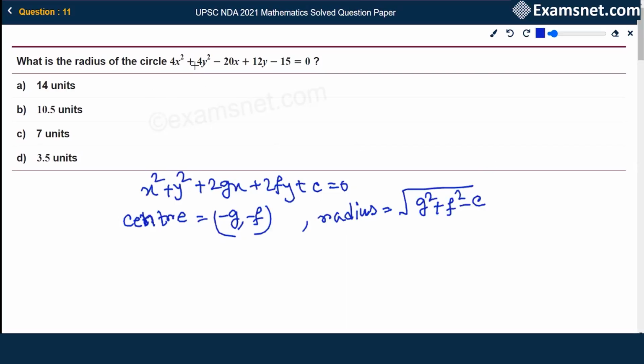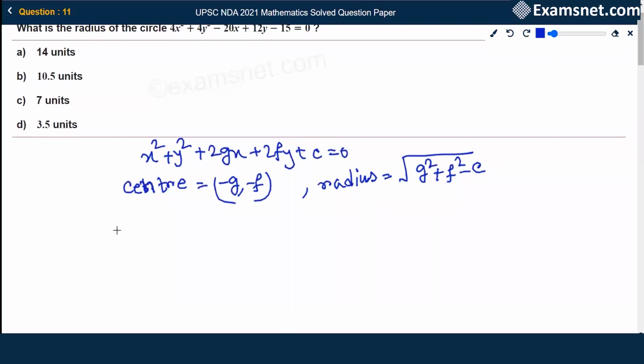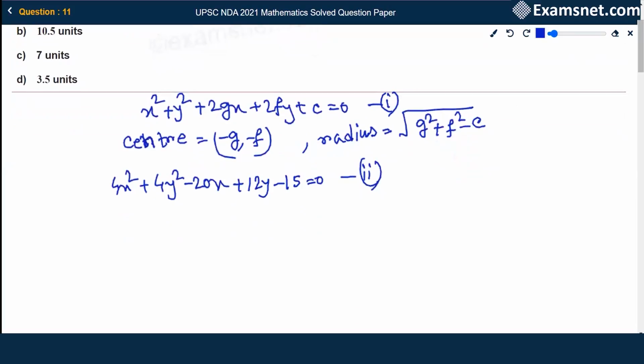Now we are going to compare the given equation with the general equation. So first, let me write it: 4x² + 4y² − 20x + 12y − 15 = 0. Let's name it equation 1 and the general form equation 2, and compare both.